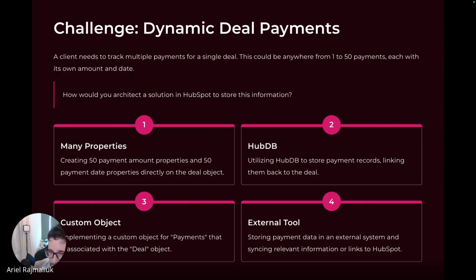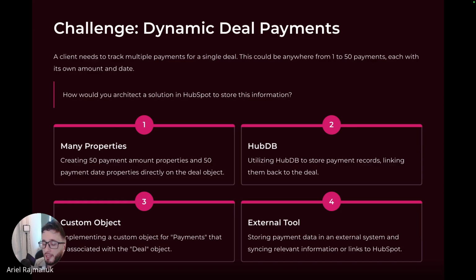And the answer really depends, but I will give you each case. Probably the most solid answer, if the person has HubDB, and that's why I say it depends, because maybe they say, but I am a starter, I don't have HubDB, so that's another challenge. But let's say that they have everything. Sure, try to use HubDB, because you can create a table, and you can make the relations there, and you can somehow make an integration so that they enter 1, 2, 3, or 1,000 different payments.